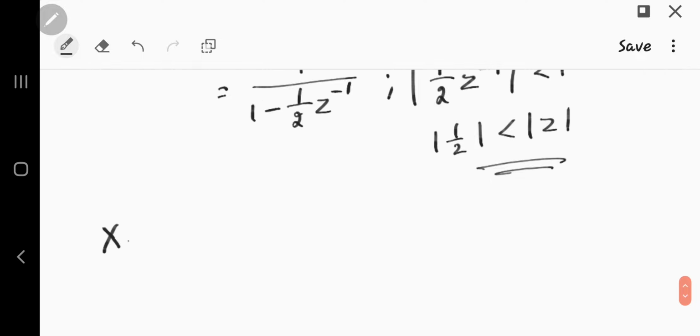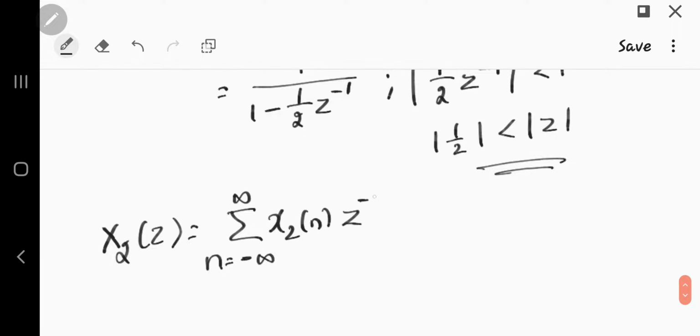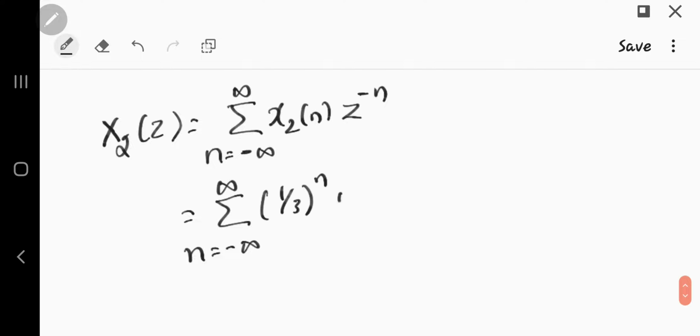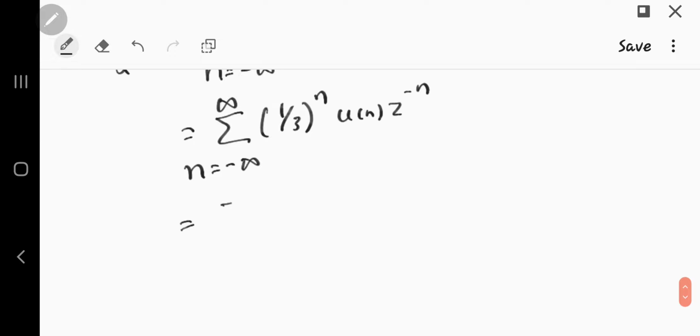So X2(z) is equal to summation of x2[n] z to the power of minus n. That will give us n equals minus infinity to plus infinity of (1/3)^n u[n] z^-n.